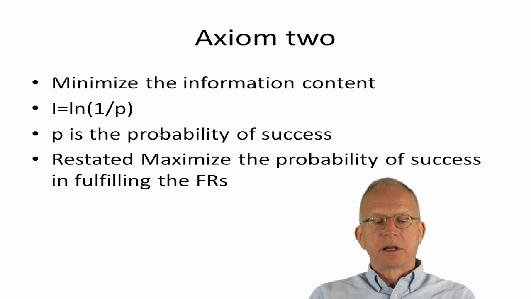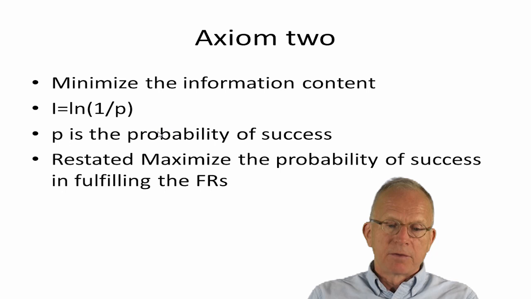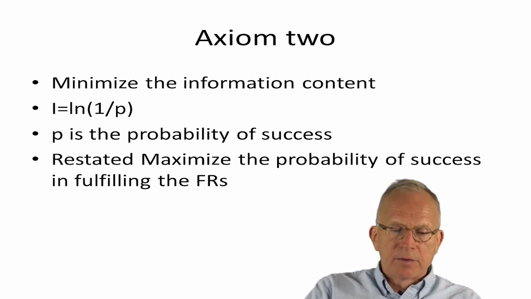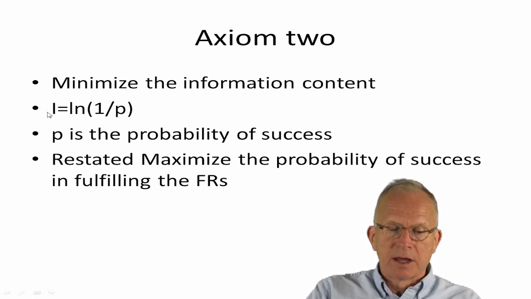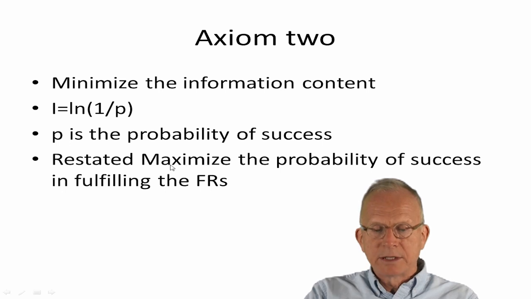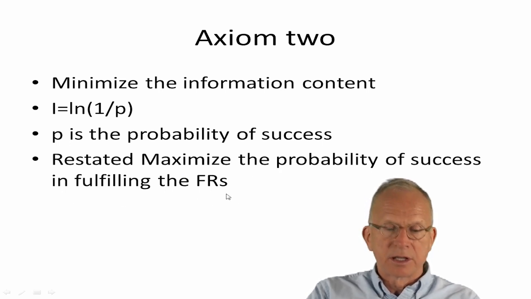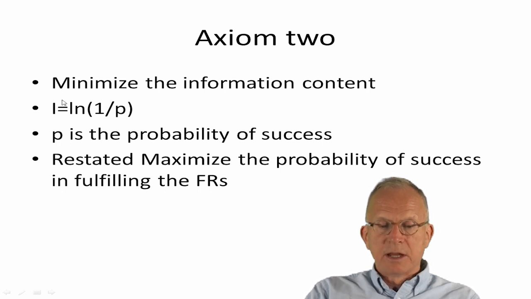So axiom 2, let's take another look at this. We're trying to minimize the information content, and the information content can be defined as the log of 1 over the probability of success. So we might restate this axiom to maximize the probability of success in fulfilling the FRs. That's essentially an equivalent statement to minimizing the information content.